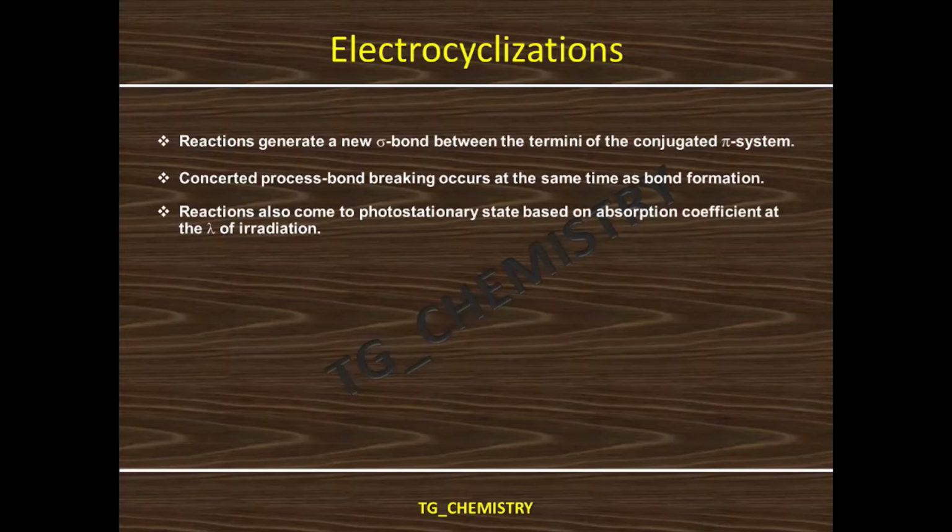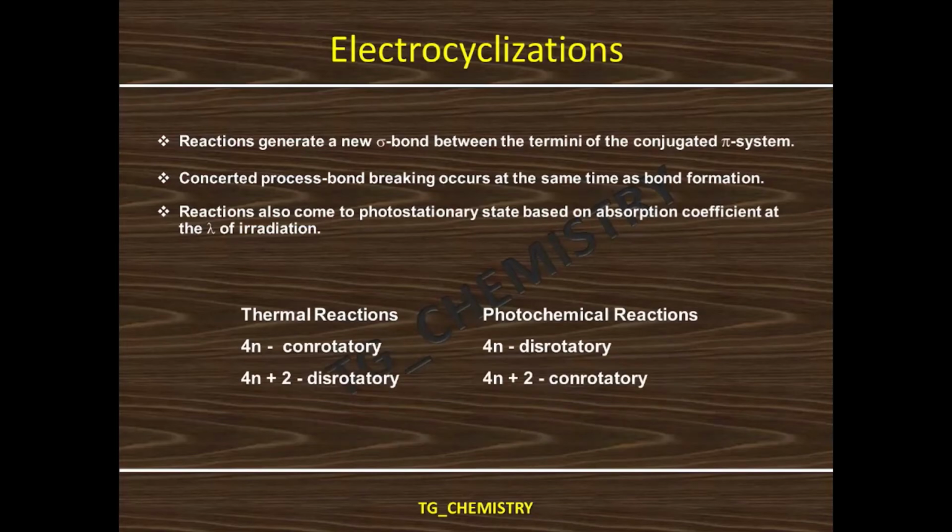Okay, so here first I will give a small presentation regarding the thermal and the counter photochemical reactions, where in thermal reactions we know that the 4n pi system goes with a conrotatory mode of ring closure, and for 4n plus 2 it goes with a disrotatory mode of ring closure or opening.